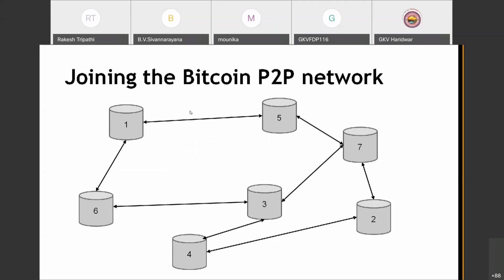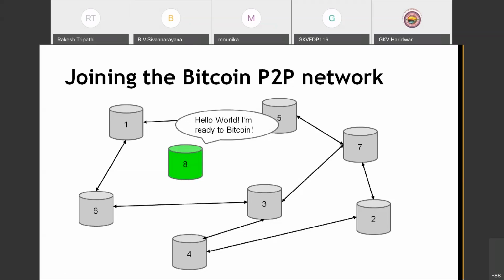So in the Bitcoin peer-to-peer network, once you are a node who wants to join this network, see, 8 is the node who wishes to join, then there are certain seed nodes. All Bitcoin clients, Bitcoin nodes, have certain seed nodes in their code. They are managed by the Bitcoin.org framework, and they are always on most of the time.